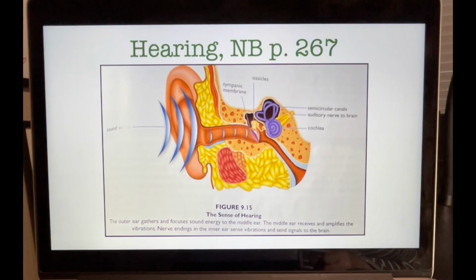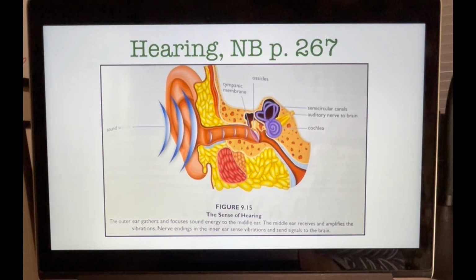This structure is also called the eardrum. When sound waves enter your ear, they cause the tympanic membrane to start vibrating, much like the sound waves in the experiment caused the plastic wrap to vibrate. Those vibrations are then transmitted to your brain, and your brain interprets them as sound.